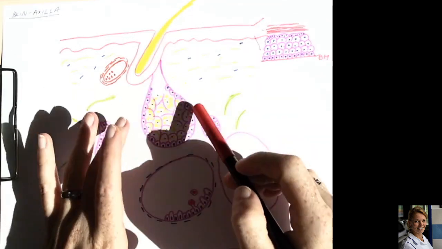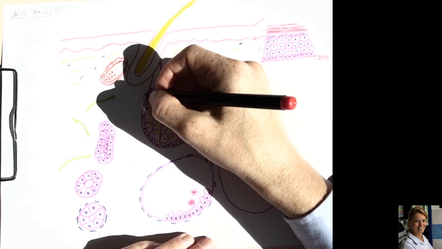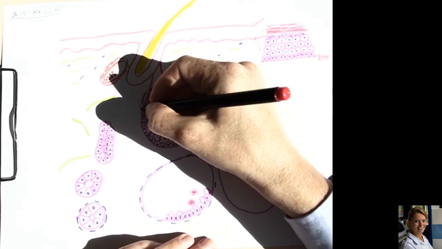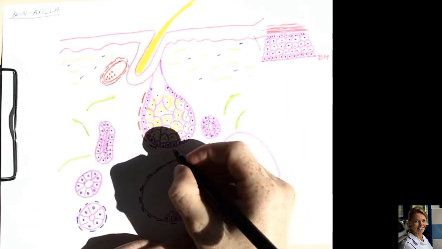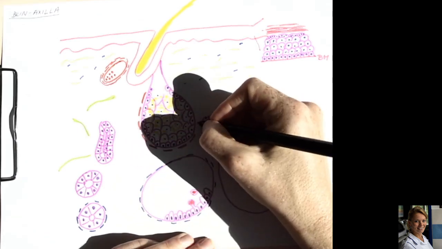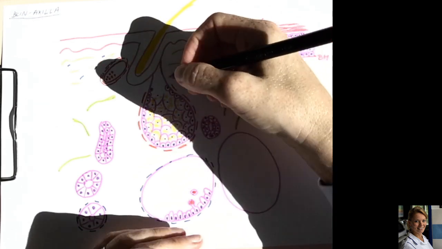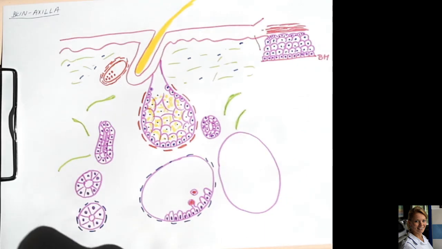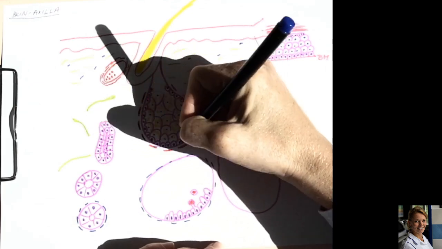And around the alveolus of the sebaceous gland, there are no myoepithelial cells, but smooth muscle cells, and their contractions also facilitate the release of the secretion. So, nuclei of the smooth muscle cells.